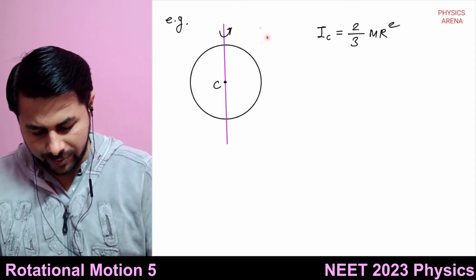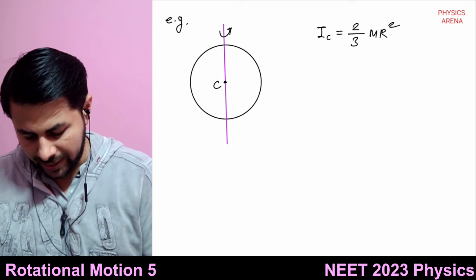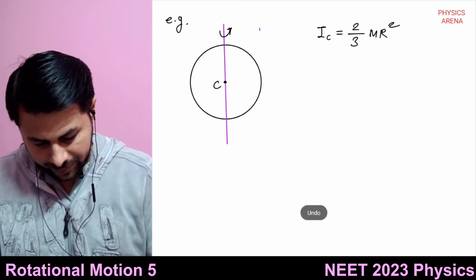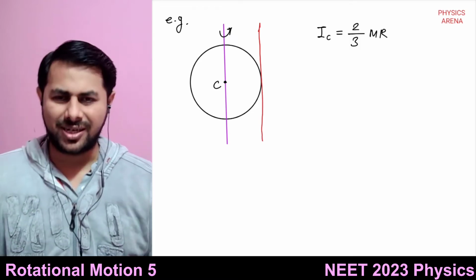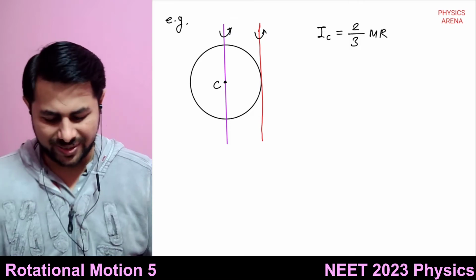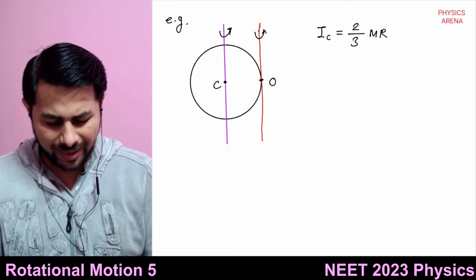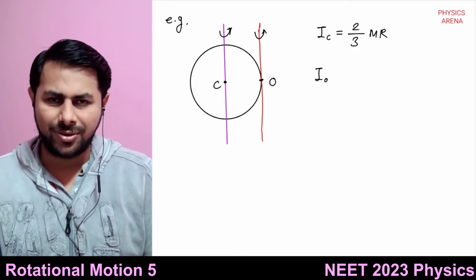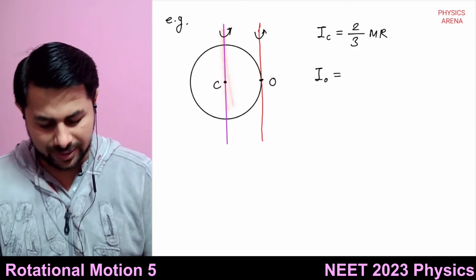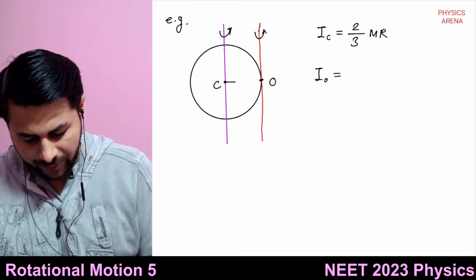Then what we can do is find its moment of inertia about a tangential axis. Let's suppose this is the tangential axis. This point is suppose O. So our parallel axis theorem says IO is equal to IC, the moment of inertia about this axis, plus mh square. And what is h?